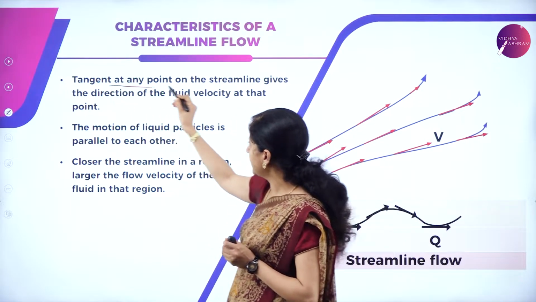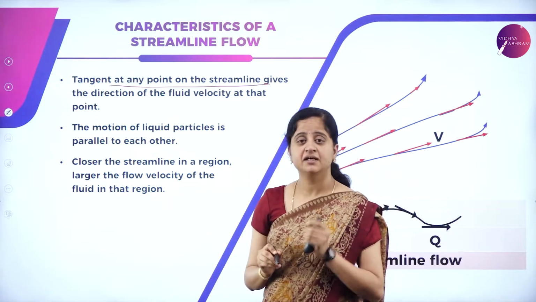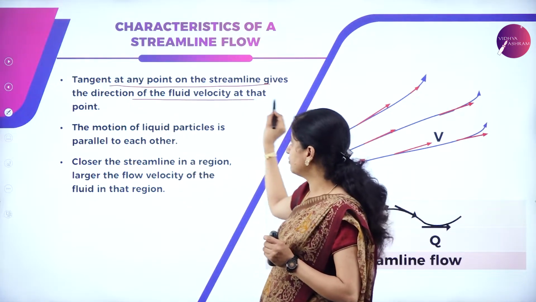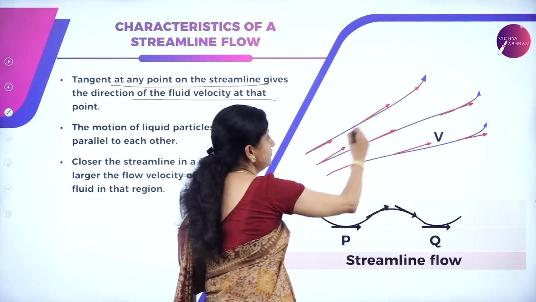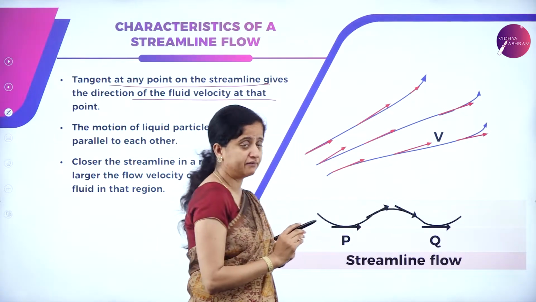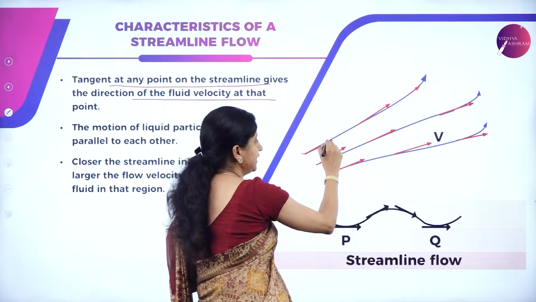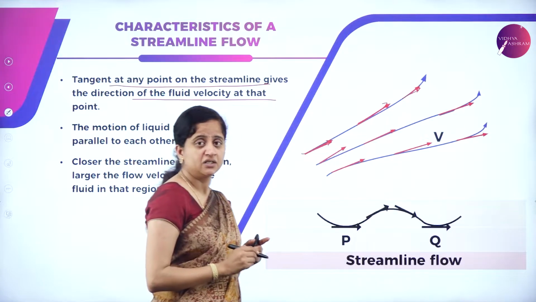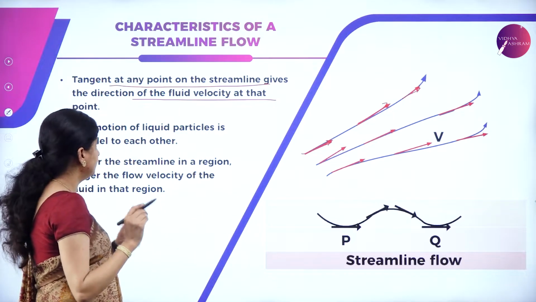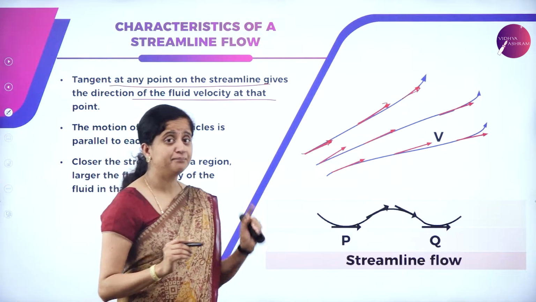So the tangent at any point on the streamline gives the direction of the fluid velocity at that point. I said that the streamline flow is orderly flow of liquid particles. Whenever we draw a tangent here, it gives the direction of the fluid motion. So it gives the direction of the fluid velocity at that particular point.